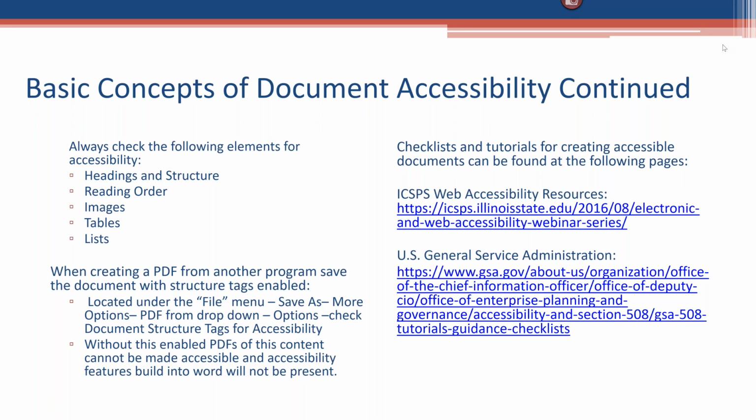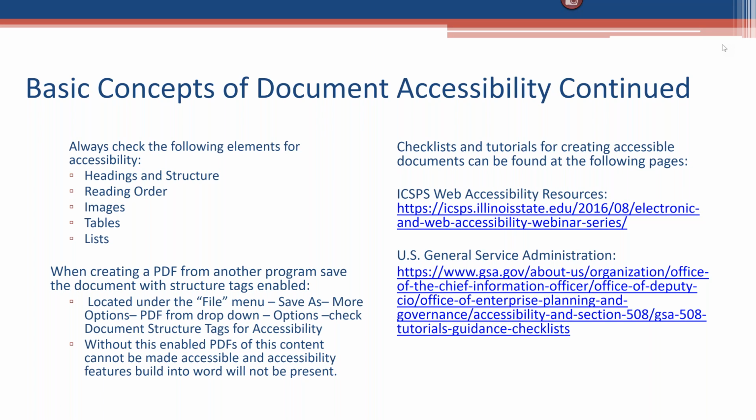There are guides on how to do that on the ICSPS web accessibility resources that you can see on the right-hand side of the screen. But the process of the PDF program and the source program communicating to each other often makes it so that the reading order is not delivered as intended. So that's why self-assessment, which we're going to talk about in a minute, becomes so important.